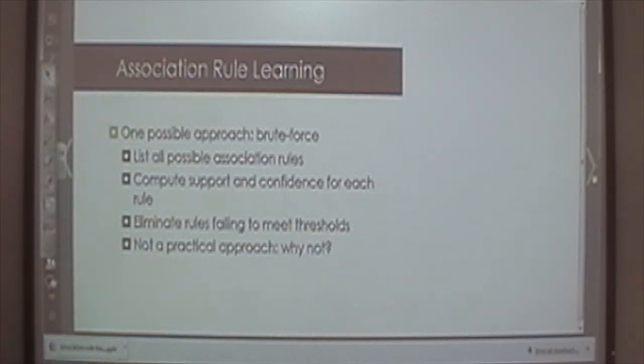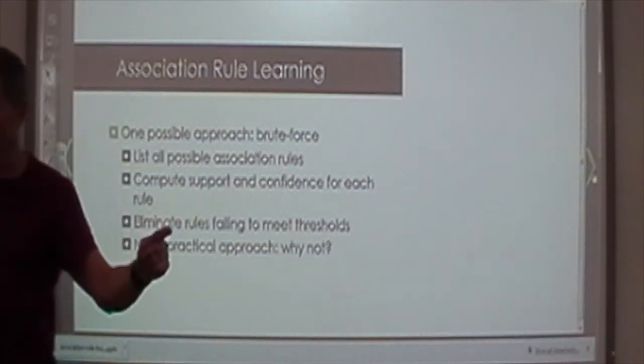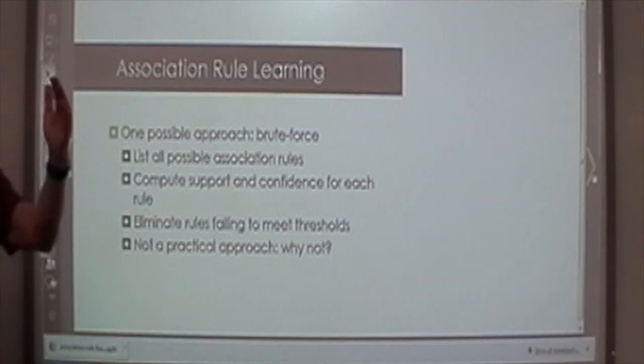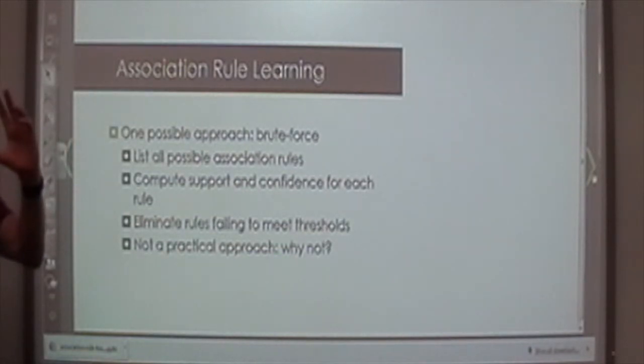Suppose you have a set of size 10. We're looking at subsets of our item set. X and Y are subsets of our item set, and we're looking at rules from one subset into another. So suppose our item set has 10 items.